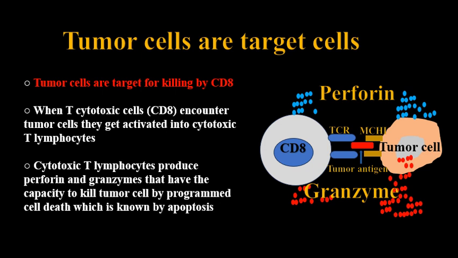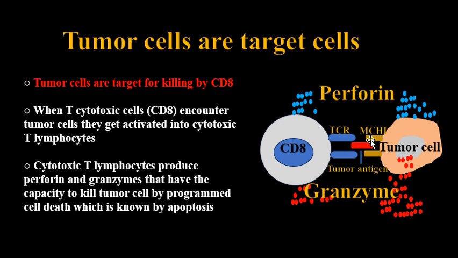So, first, tumor cells are targets for killing by CD8. As can be seen here, this is a tumor cell. They express tumor antigens, which are endogenous antigens, and they get expressed on the surface of the tumor cell in association with major histocompatibility class 1. So CD8 or T cytotoxic cells will recognize through their TCR the tumor antigen and the major histocompatibility class 1 and get activated.